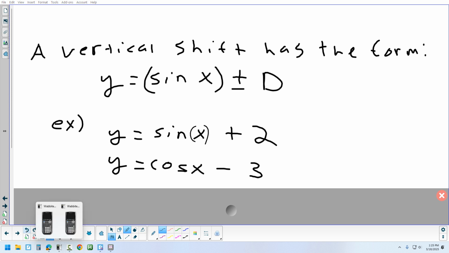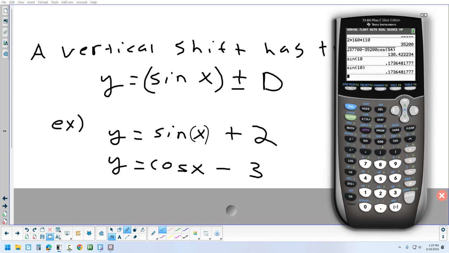All right, now, question. If we do, let's say, a sine x, and then a sine x plus 3. We know it's going to be a vertical shift. But which way do you think a plus 3 would move it? Up or down? Up. All right, let's see.